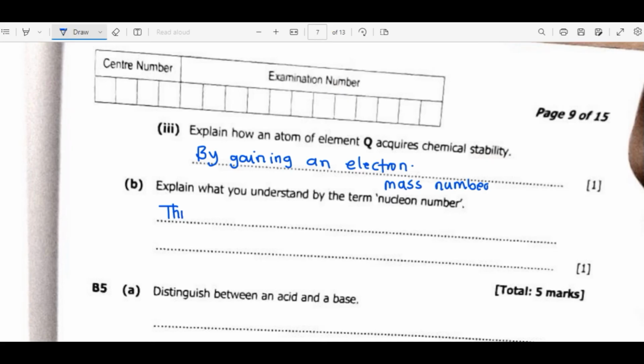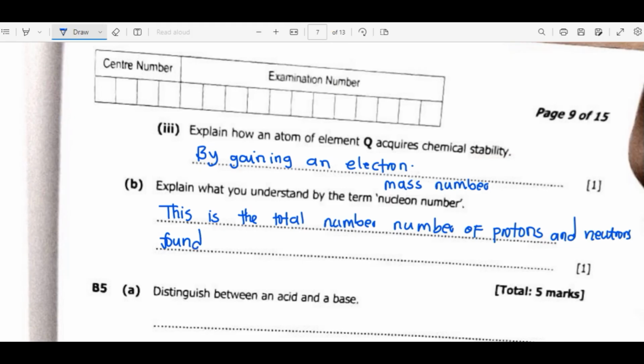So this is the total number of protons and neutrons found in the nucleus of an atom of any given element.